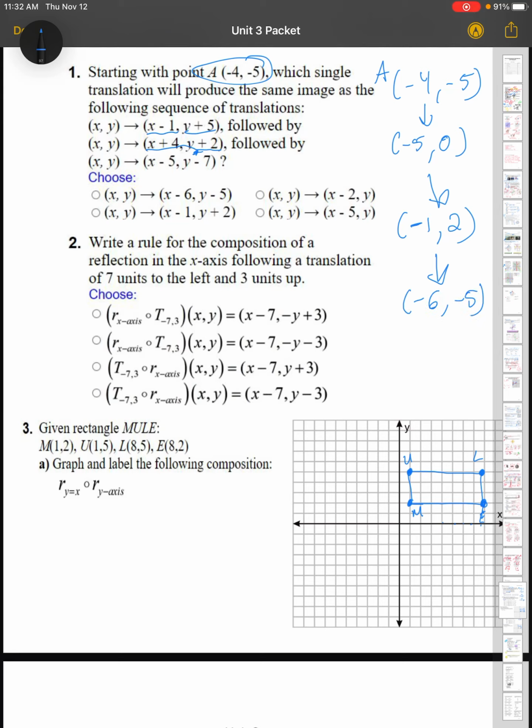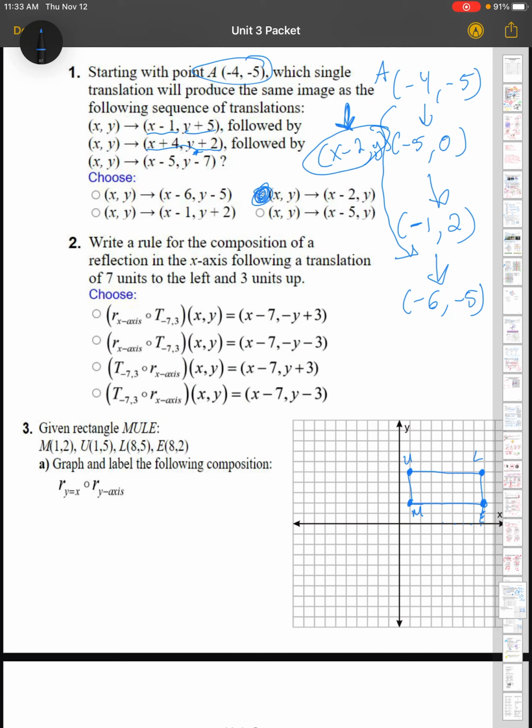That would be -6, -5. So in reality, how did we get from -4 to -6? All we did was subtract 2 and then do nothing to the y. After all those translations, this is what it would be as a single translation. So that would be this choice here.